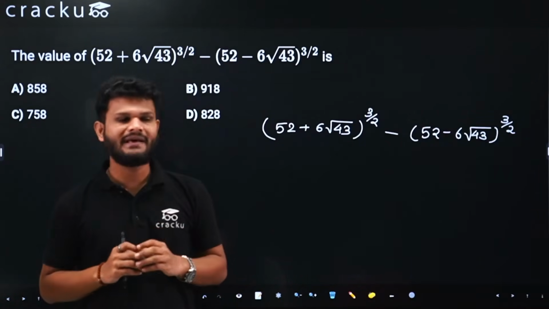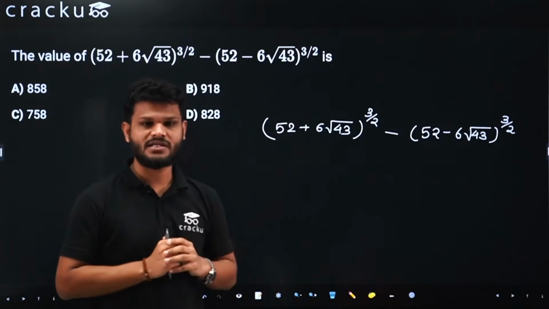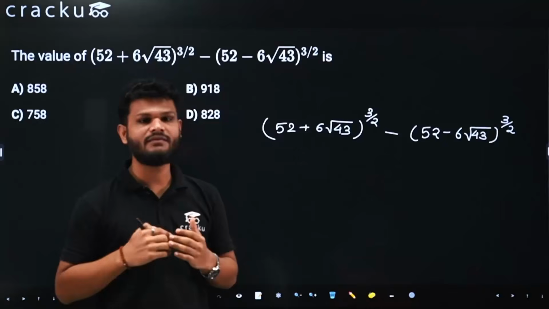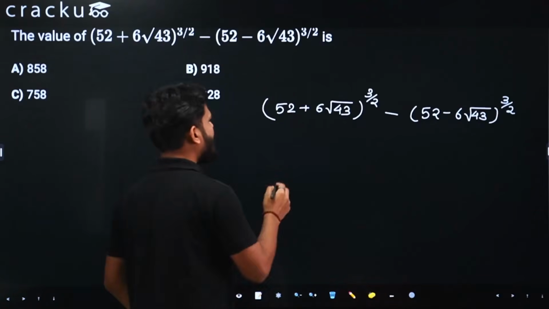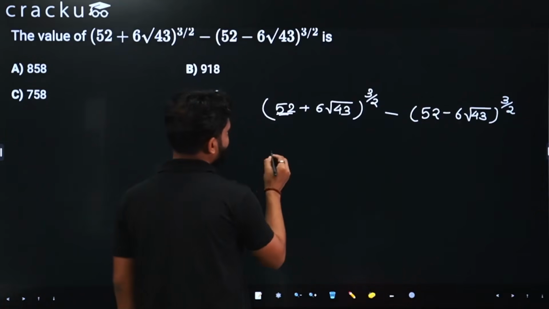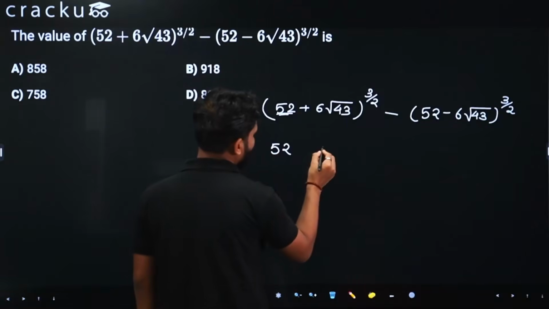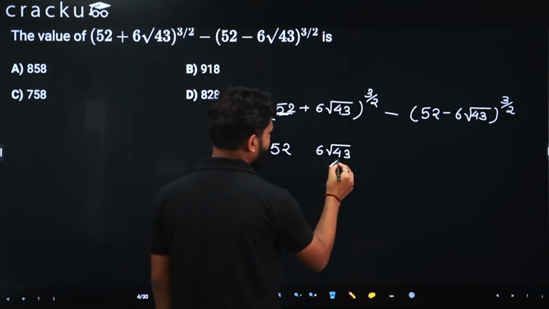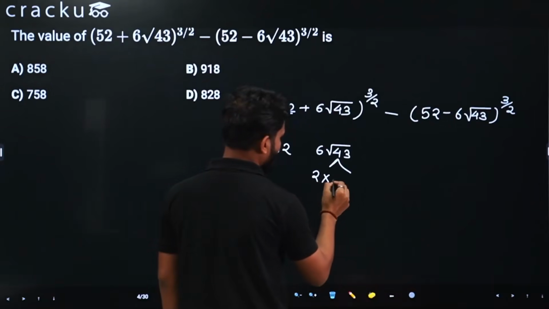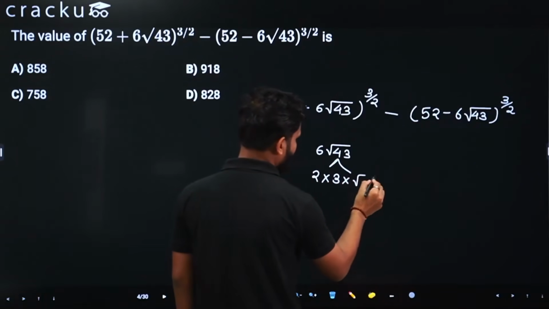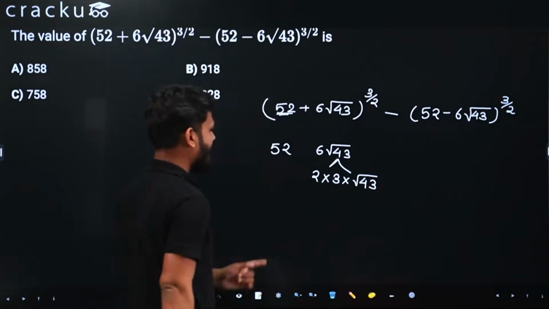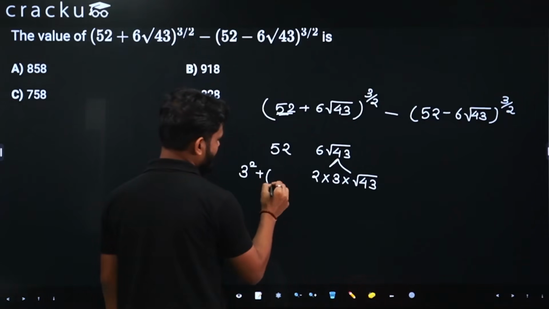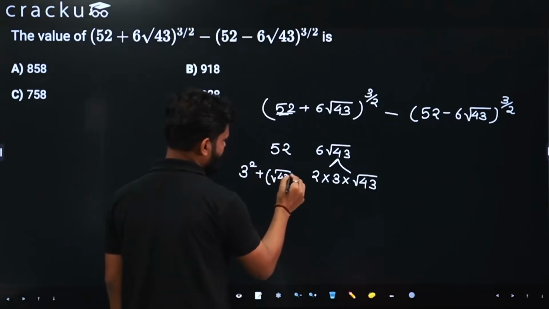So we know whenever something is given in the form of surds and we have to take the square root, we have to represent it in the form of a square. How do you do that? We have 52 and we have 6 under root 43. So can I write this 6 under root 43 as 2 into 3 into under root 43? And can I write this 52 as 3 square plus under root 43 square?